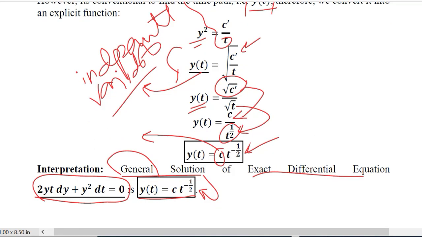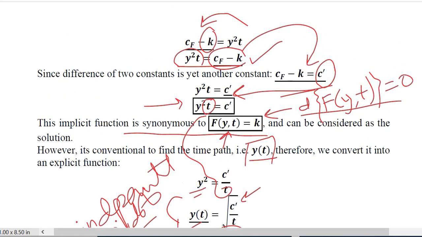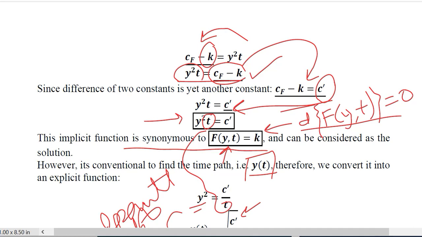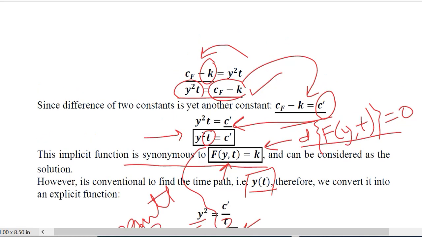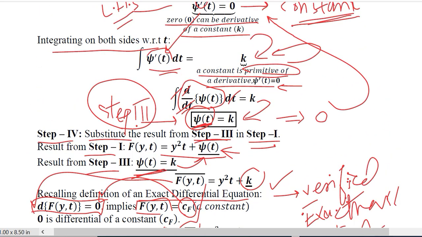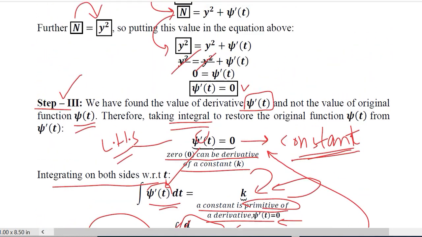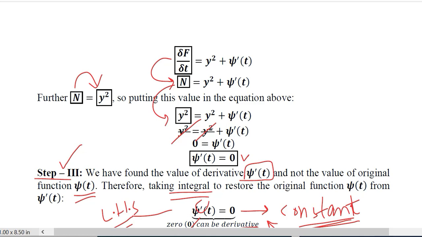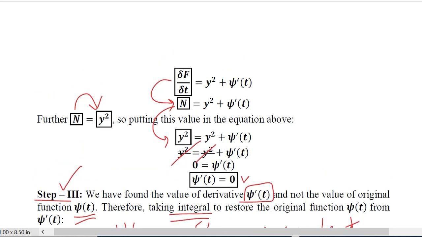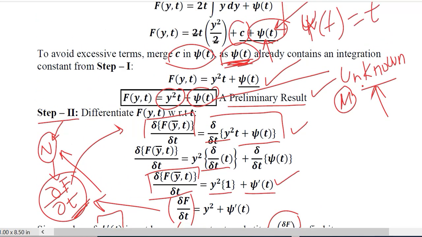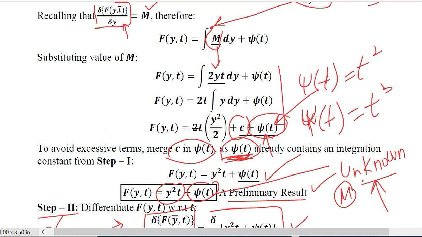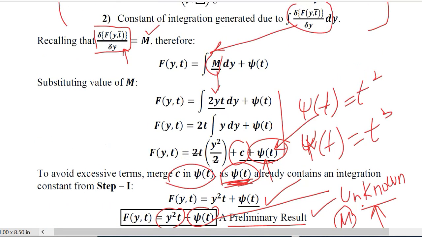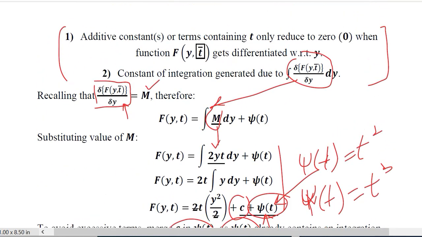So in this way we can find the solution of a given differential equation, and it had a few things that we had to calculate. Primarily we defined what a differential equation is by taking its total differential, and then we developed the exactness test condition, which was in the first part of this video.